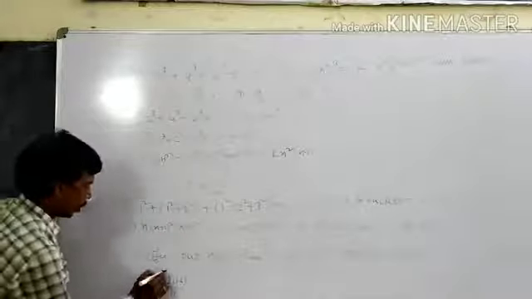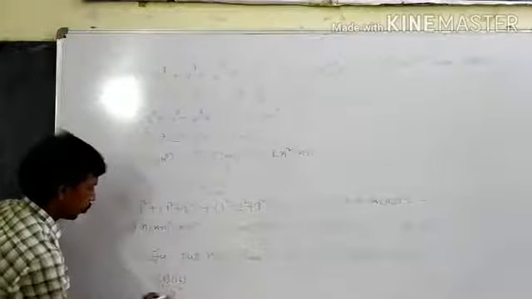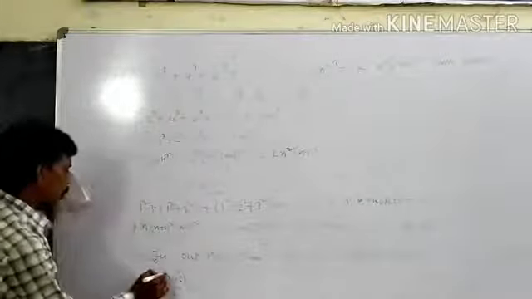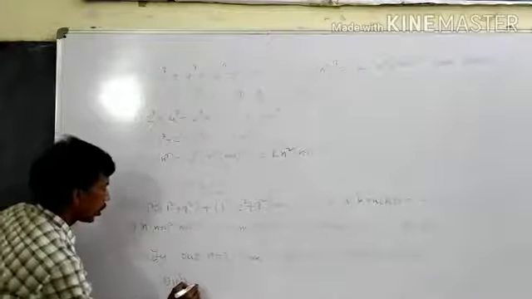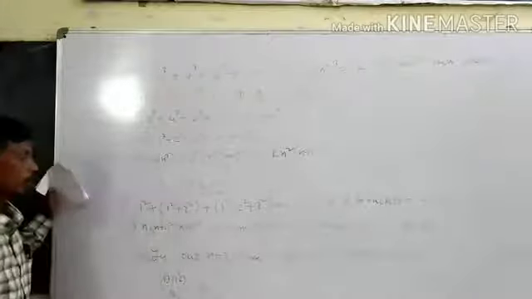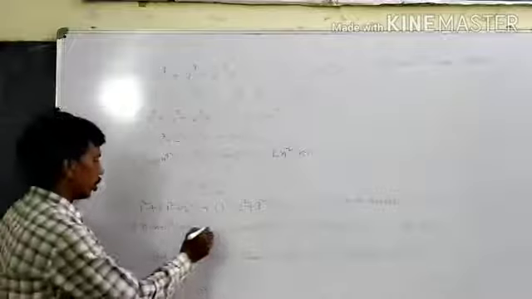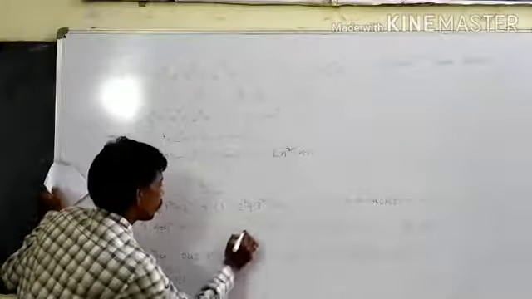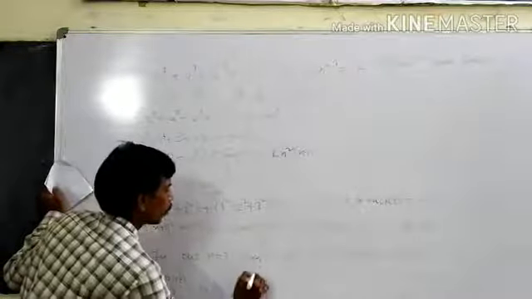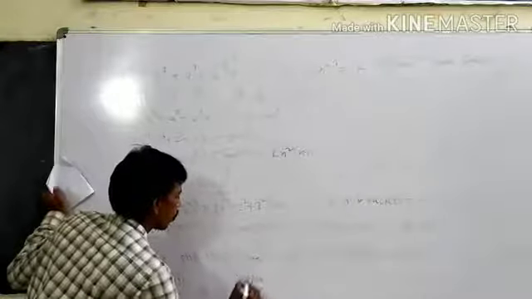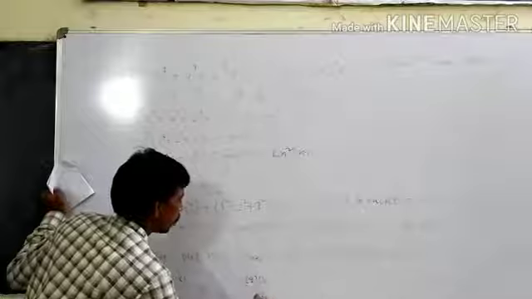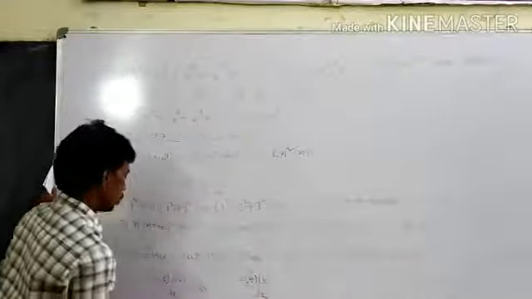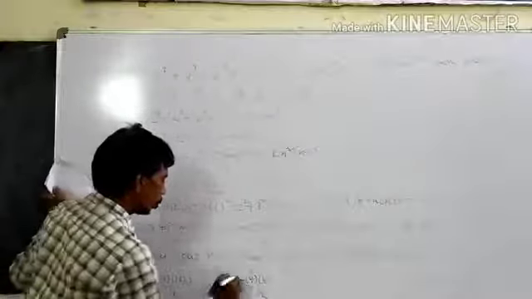So 3 into 4, now 2 into 3 is 6, 4 into 6 is 24. Is it wrong? Now second option: 2 into 2 plus 1, 3 square 9, 2 plus 2, 4, by 12. 4 into 3 is 12, 2 into 3 is 6.